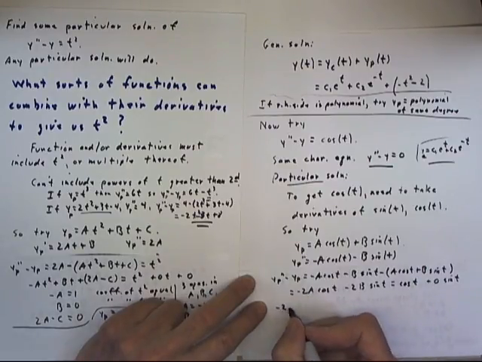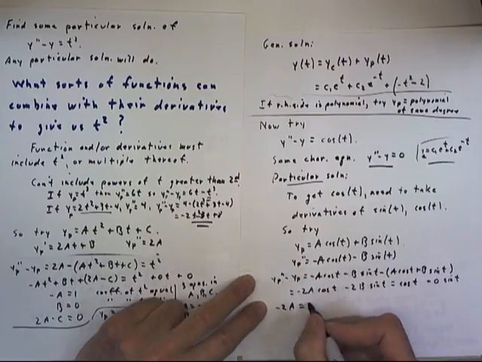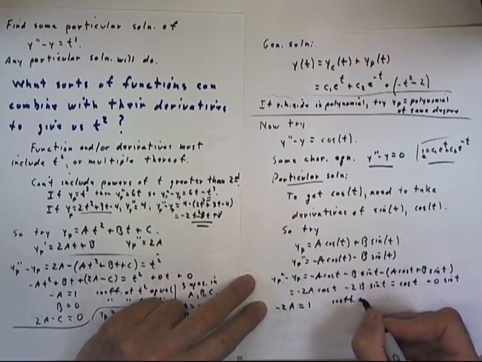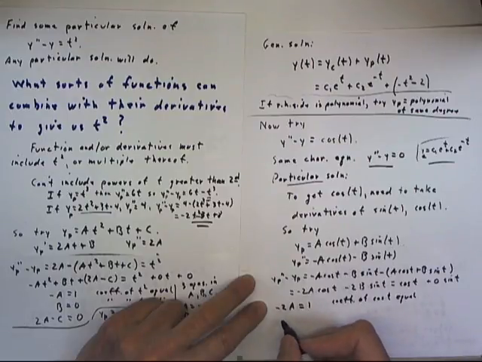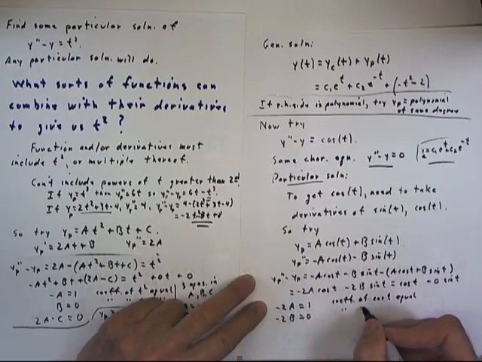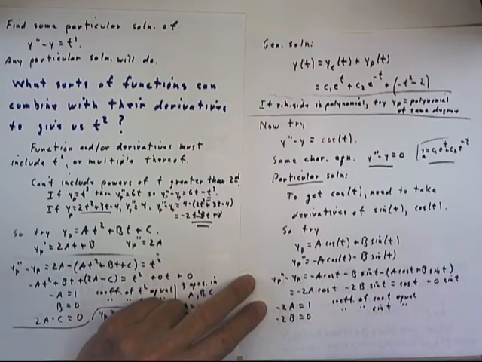So we get negative 2a has to equal 1, because the coefficients of cosine t have to be equal. And we have negative 2b equals 0, because the coefficients of sine t have to be equal.